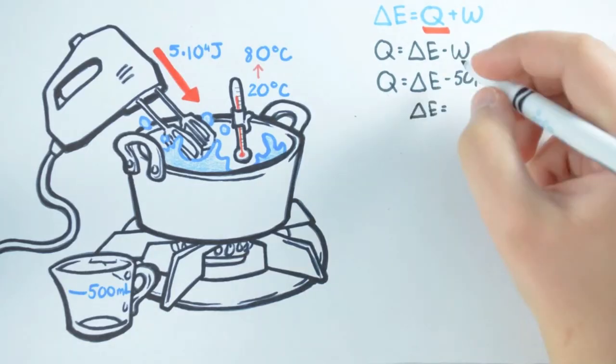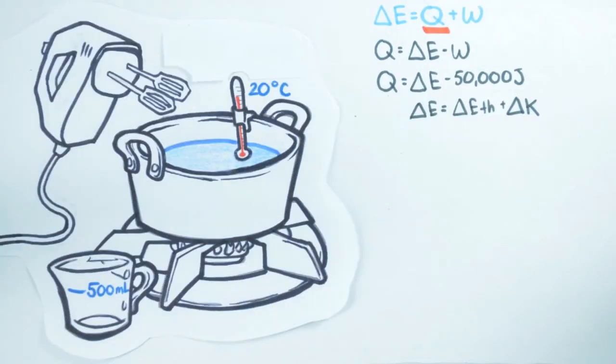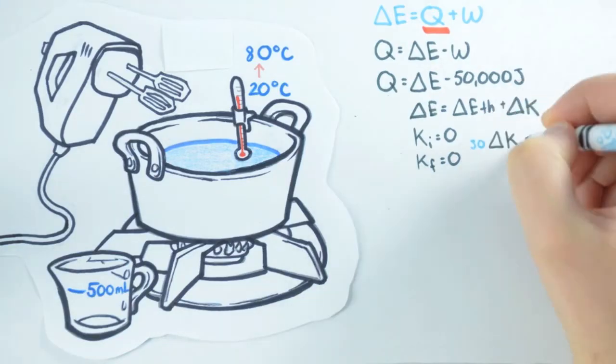Next, we need to calculate delta E. To do this, let's get a clear picture in our mind of the initial and final states. The initial state is the water sitting at rest, no kinetic energy, before we put it on the stove. The final state is the water again at rest. We have in mind all of the kinetic energy in the water during the beating process was ultimately dissipated and ended up as thermal energy.